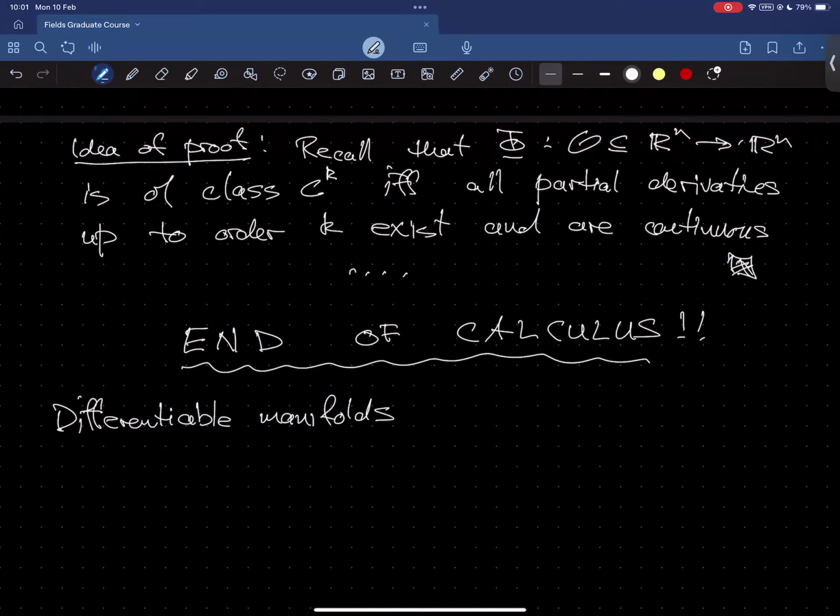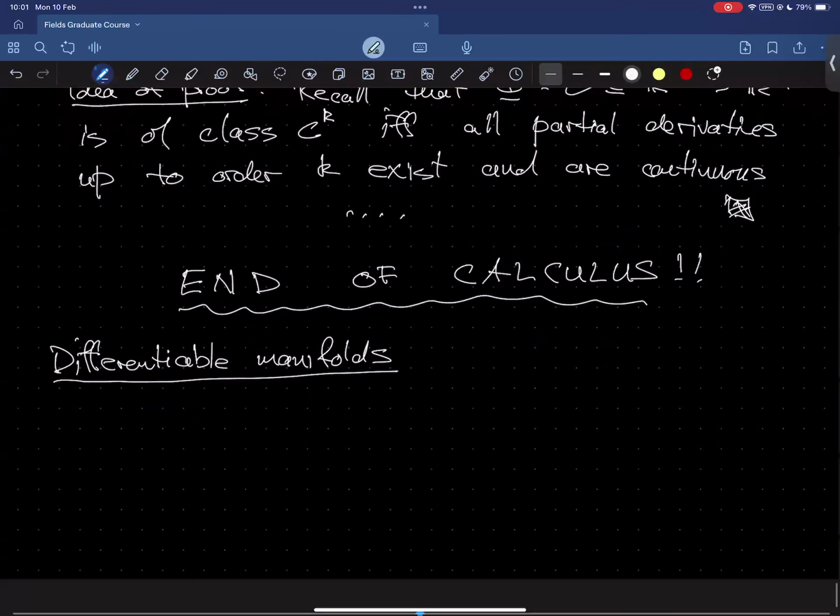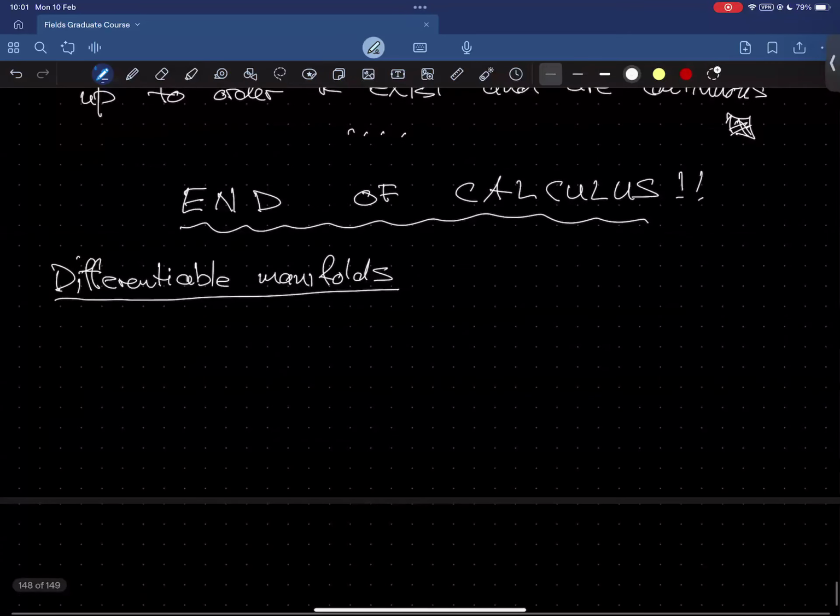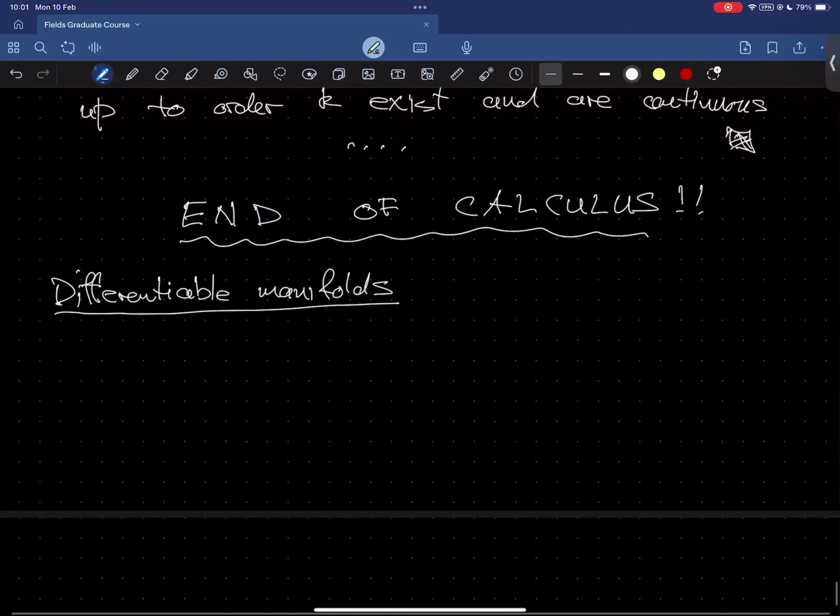All right, we're going to talk about differentiable manifolds. My understanding from what I read, and you all have told me about your background, is that not many of you, and possibly none of you, have a great background in ordinary differential geometry.